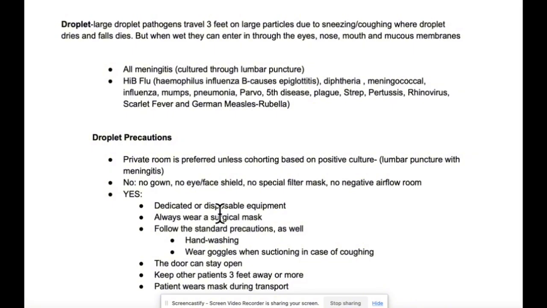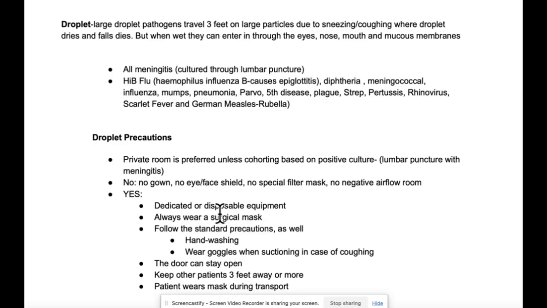And so those droplet problems usually are a problem when people are in close vicinities, all right, or close quarters, right? So your meningitis, yeah, that could be a droplet disease, right? And usually we want to culture these folks through lumbar puncture.